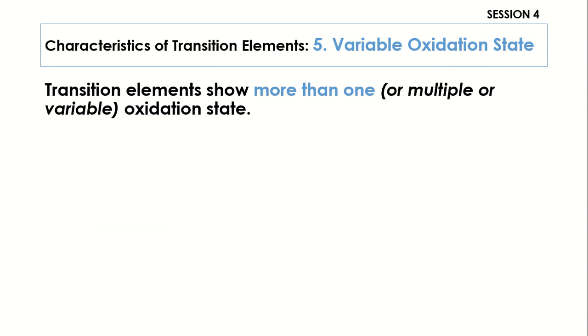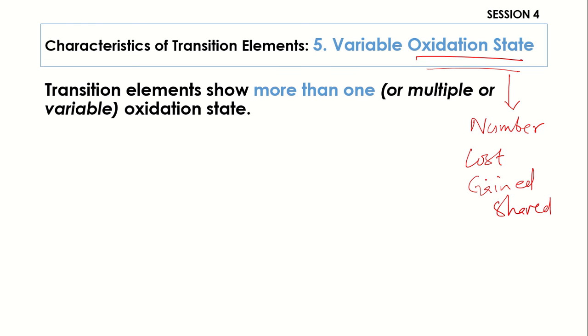Now just to recall, what is oxidation state? You can think for some time about the meaning of oxidation state. If you have thought it is a number, you are absolutely correct. There's a number assigned to an atom: the number of electrons lost, or gained, or shared.